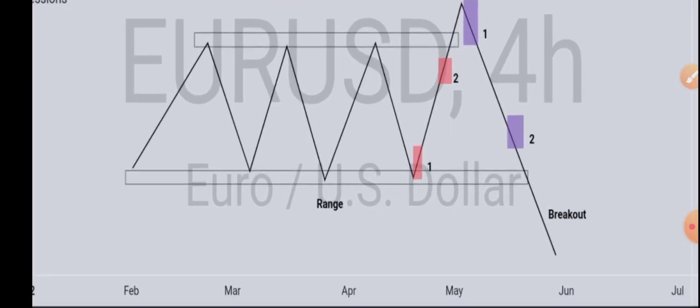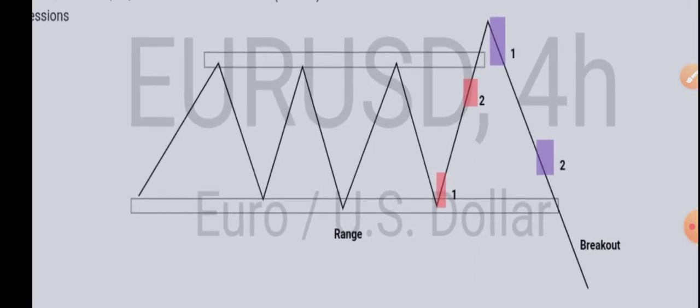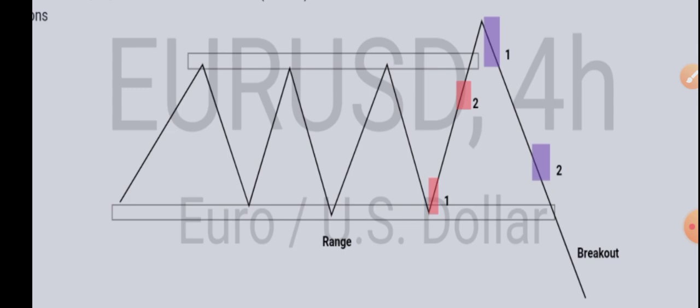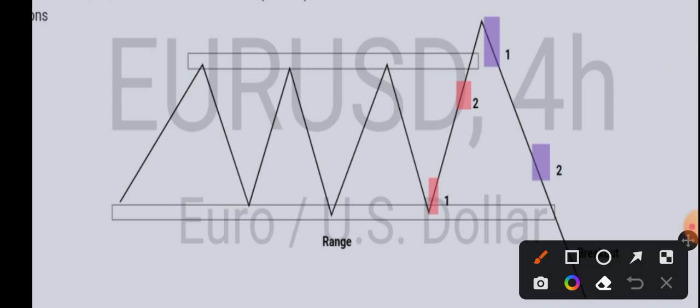So now, the way I look at this is I try to follow the footprints of the supply and demand. If there was a supply here, I only look at two zones in the market.